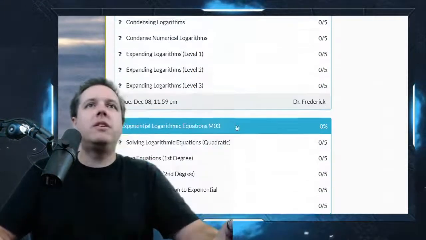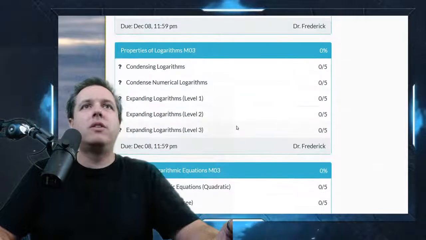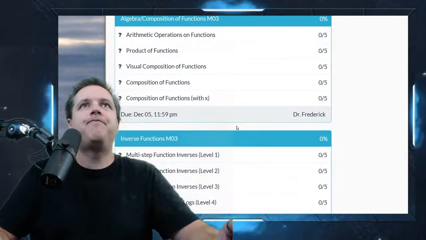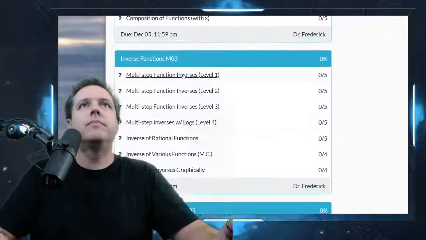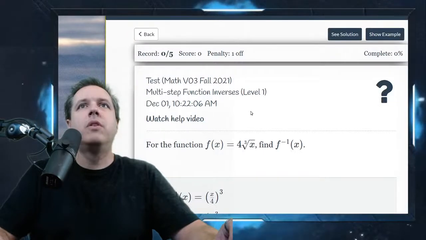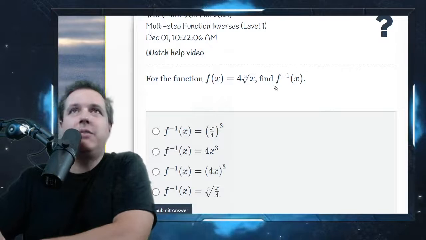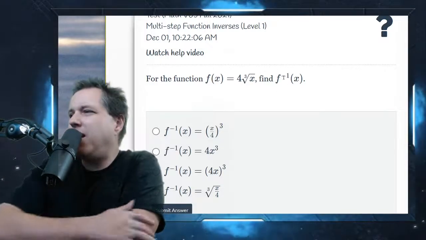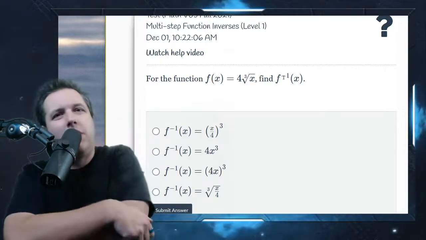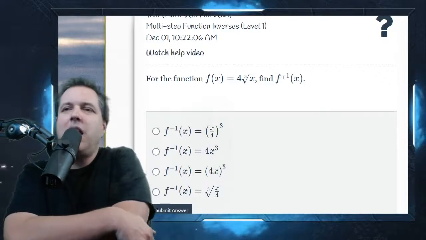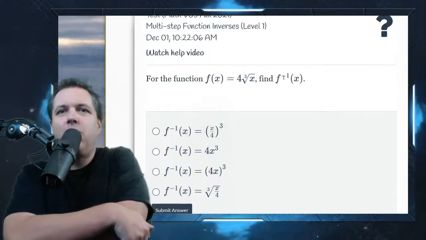I thought there was a simpler one to start off with. Okay, so a couple things to know. What does this f with a -1 on it mean? What does an exponent of -1 mean? Do we remember that? Yeah, we know what f with an exponent of -1 means.